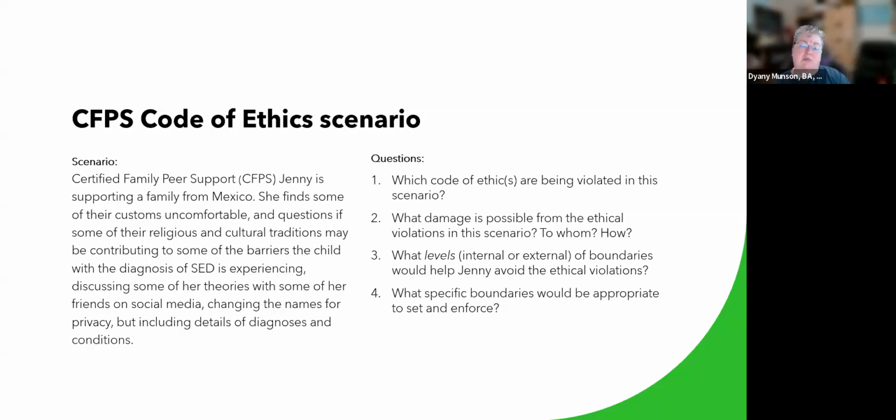So what levels of boundaries would help avoid the ethical violations and the damage thereof? Internal, external, physical, emotional.